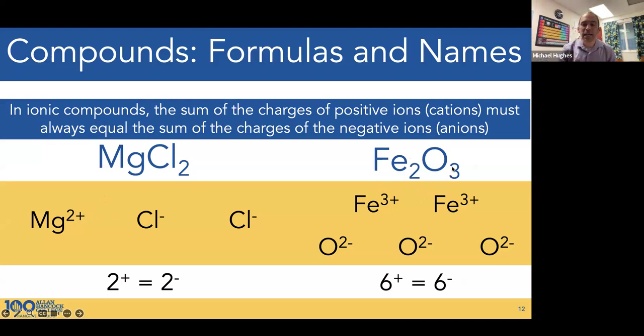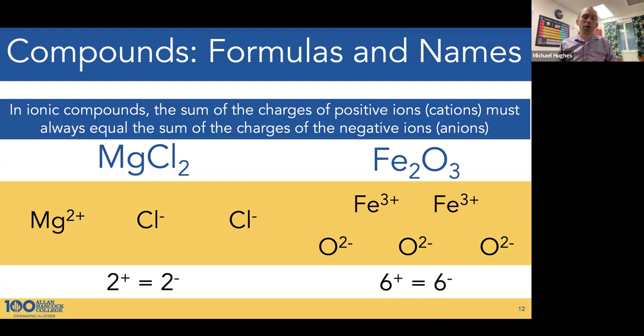And so in this case, we can see because there are 3 2- oxygens between 2 iron elements that each of them must be 3+, so that the 6+ equals the 6- here, and the charges sum to 0.